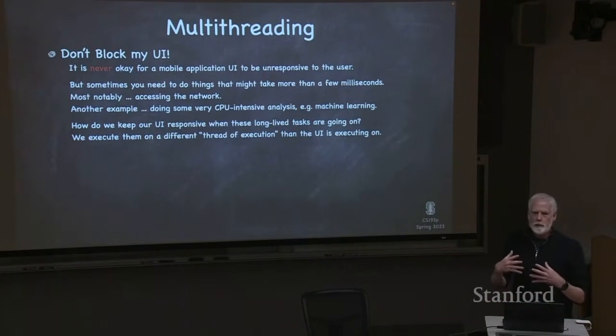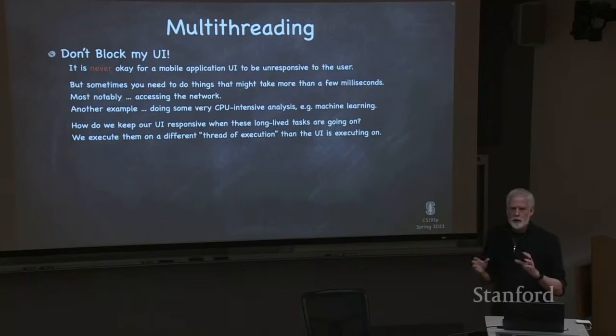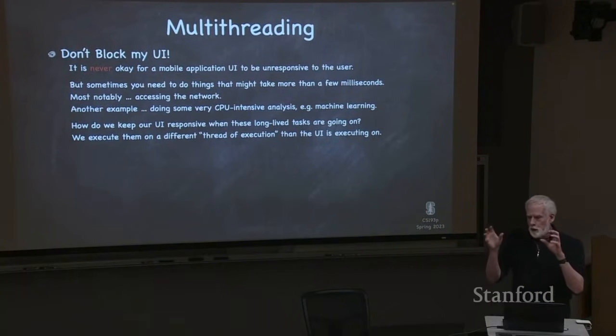We use something called threads of execution. We have multiple threads of execution where multiple lines of code are executing at exactly the same time. Now, are they executing at exactly the same time? It kind of depends on your hardware architecture. If you have hardware that has multiple cores or multiple processors, then yeah, they might actually be executing at exactly the same time.